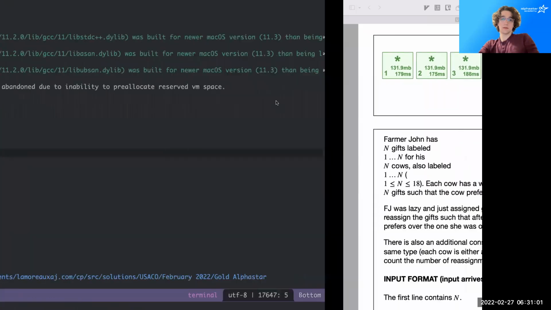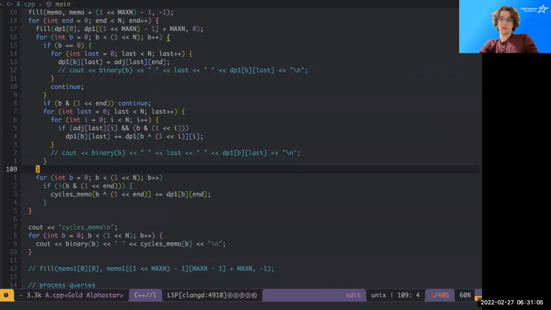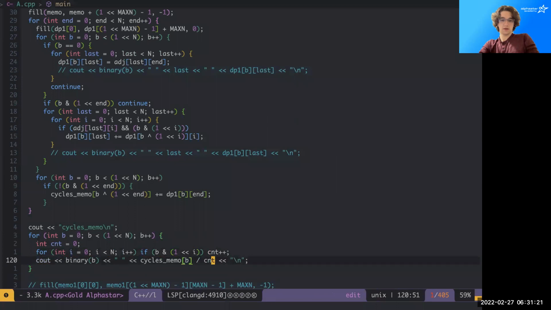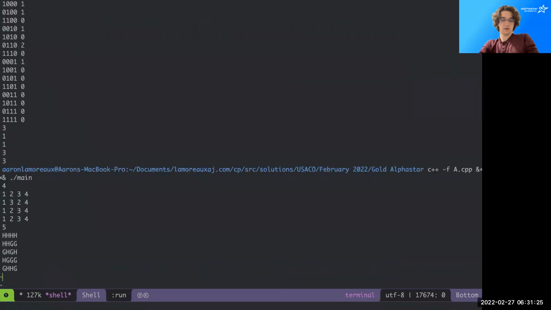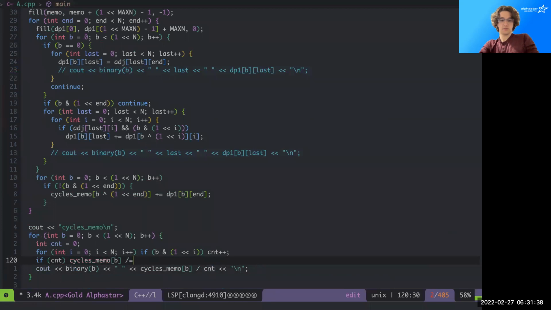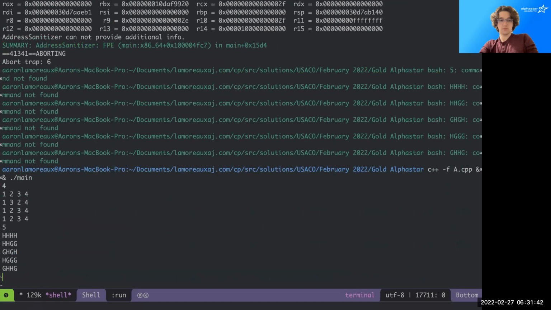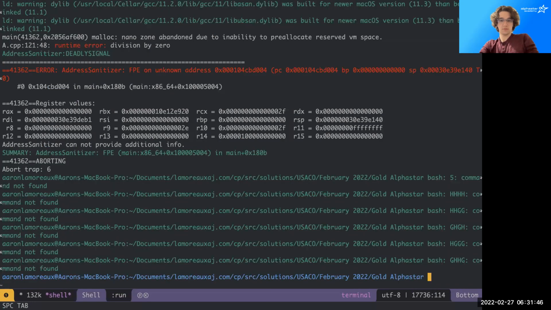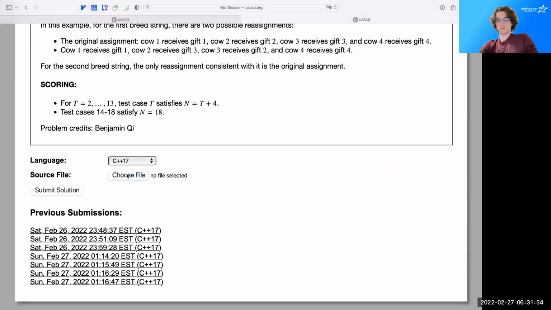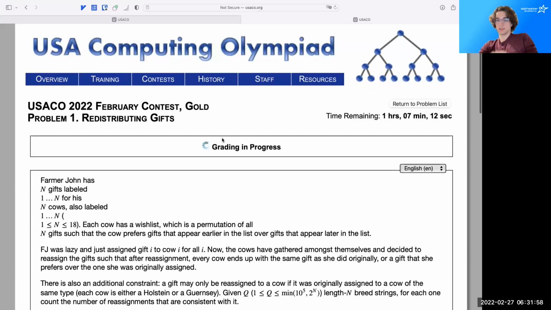I guess it depends on bits set in B. B. We'll see if that works. Probably not.